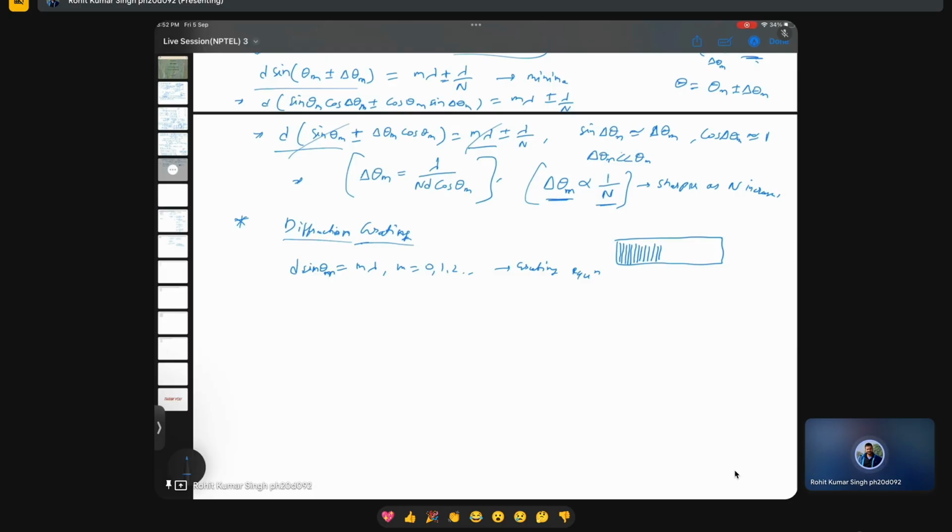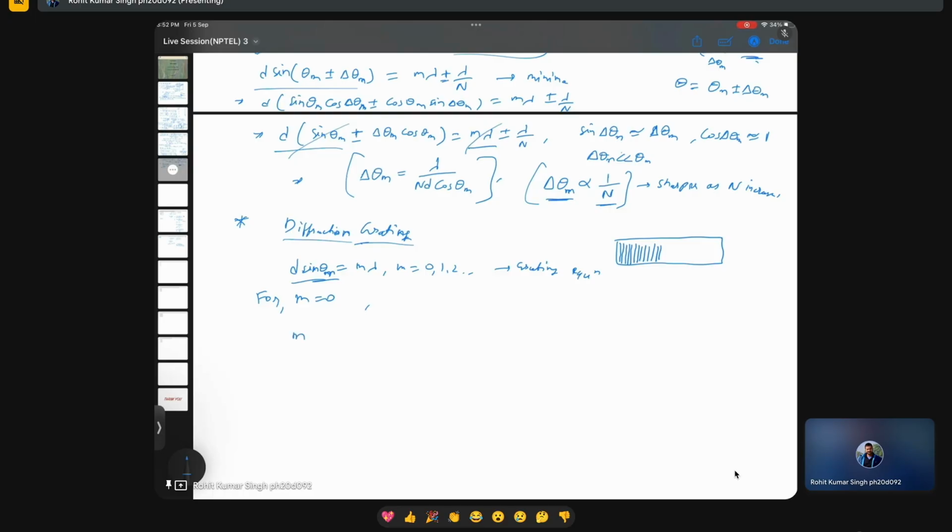Now how does that happen? As you can see here, for m equal to 0, θm is basically 0. You have this central maxima, and that will be white.